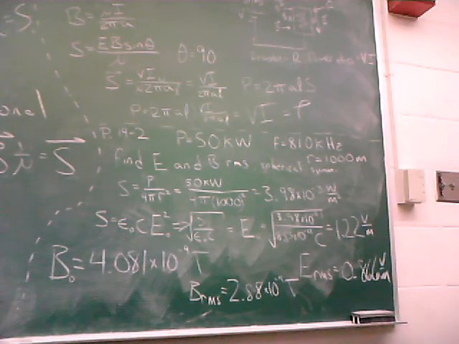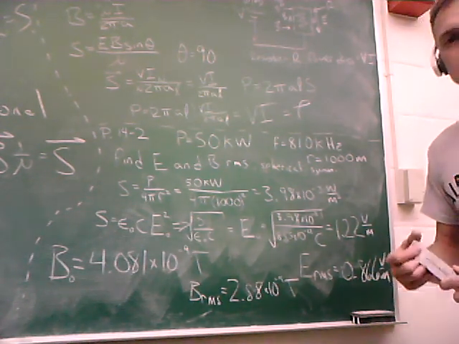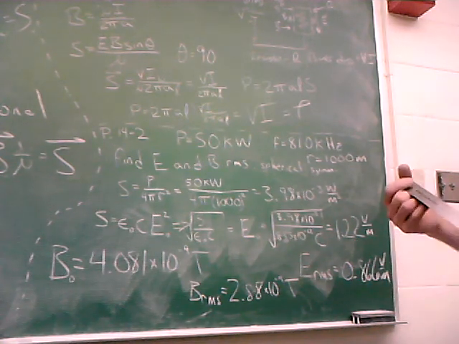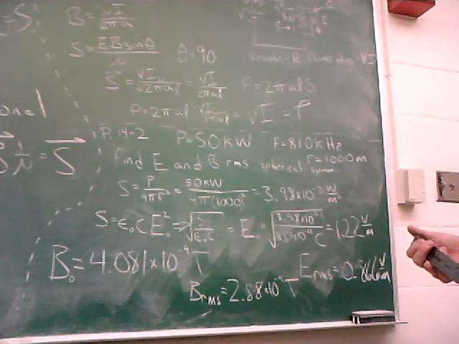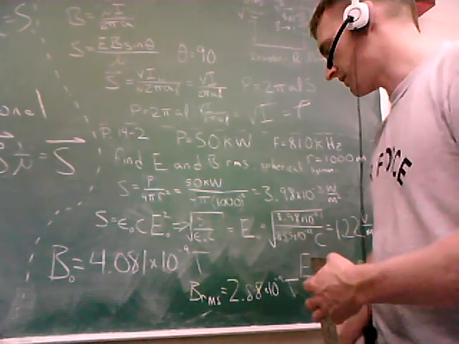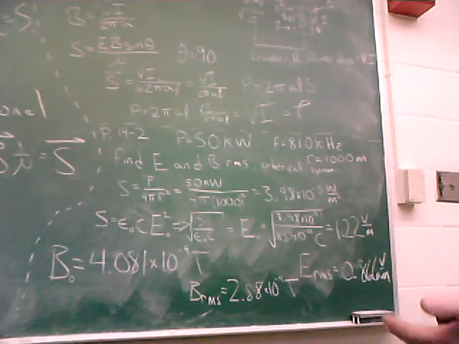Now, in order to get root mean square from E naught, you simply divide E naught by root 2. After that, I get 0.866 volts per meter. Now, it's really easy to get the magnetic field from the electric field.